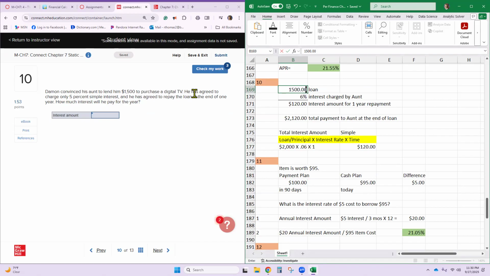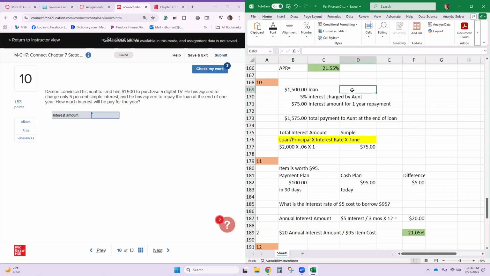It should say she has agreed to charge only 5% interest, and he has agreed to repay the loan at the end of 1 year. How much interest will he pay for the year? So you take your loan amount times your interest rate, and it's really for 1 year. So the 1 is in there. You just don't see it.